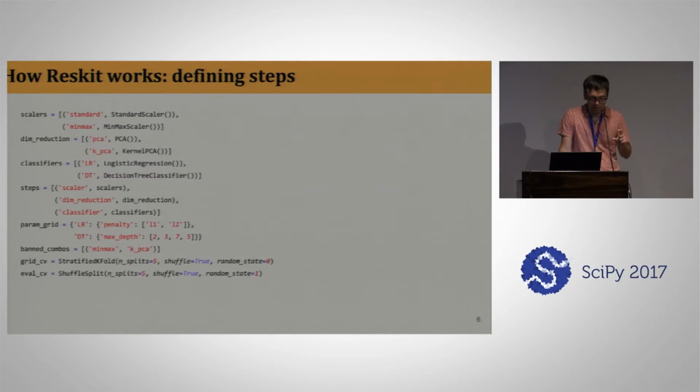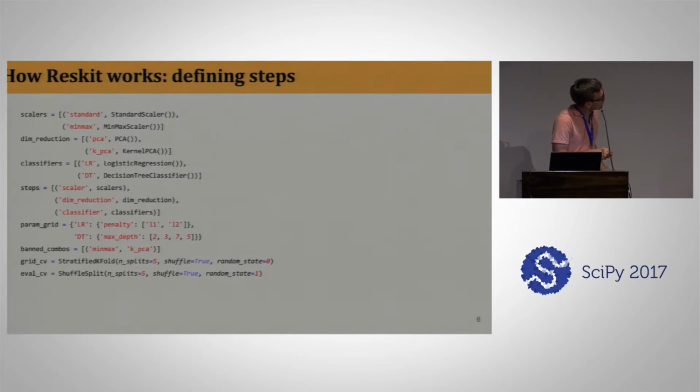So using Reskit, you can specify the names of the steps and the possible objects. Let me show you. In this case, we have scalers: standard and min-max scaling. We have a dimensionality reduction choice, and they are defined as a list of tuples. We have classifiers.